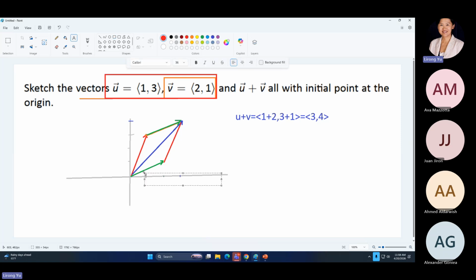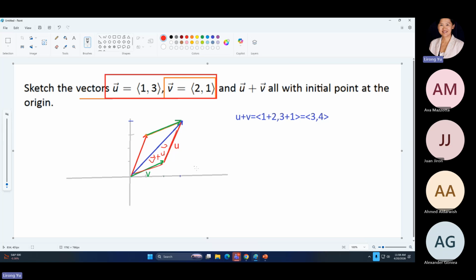This side is vector v, right? And this side is vector u. Now, the diagonal of the parallelogram is the vector u plus v. This is v plus u, because we have u and then v.